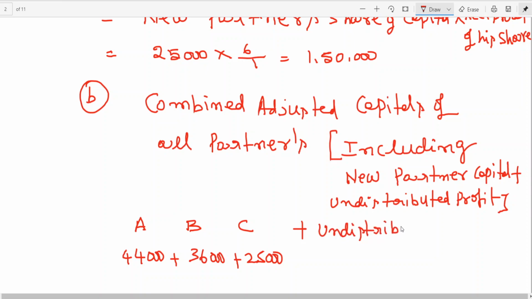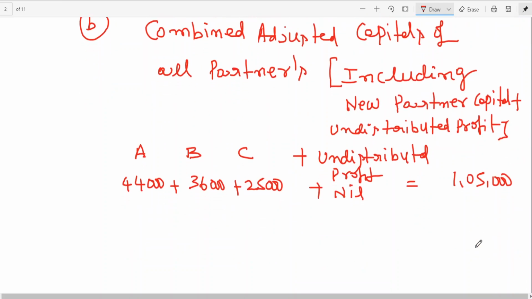In the problem we don't have any undistributed profit; generally it is given in the balance sheet. So 44 plus 36 plus 25 is coming to 1,05,000.